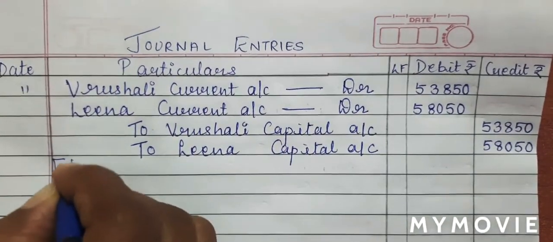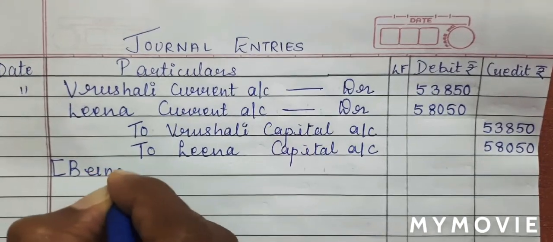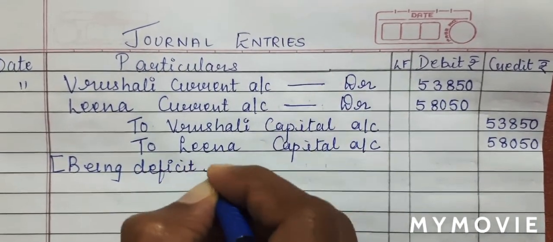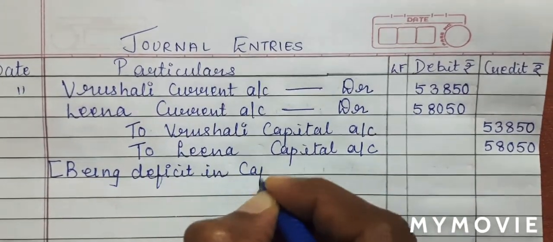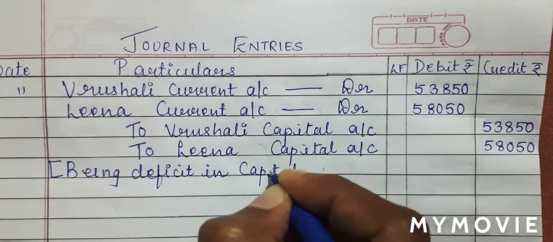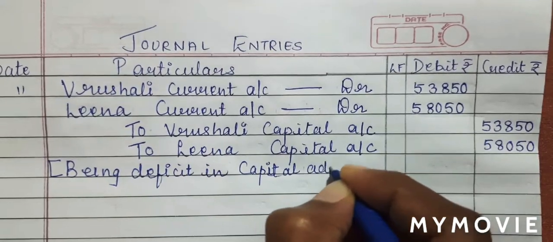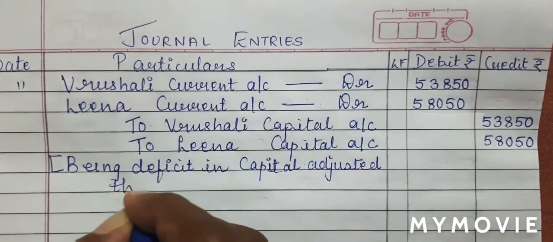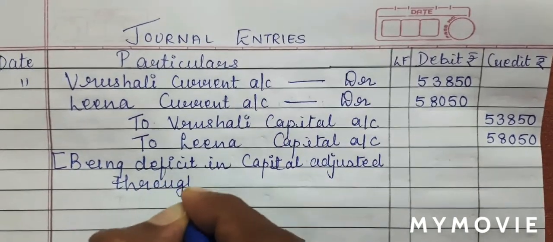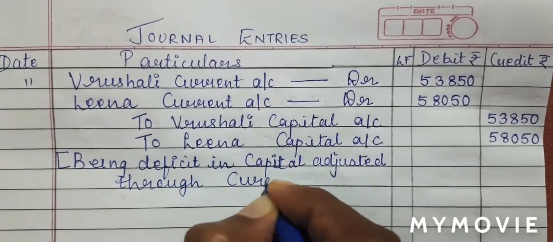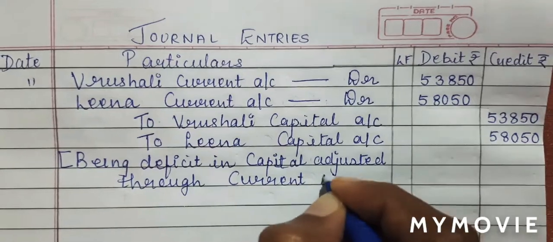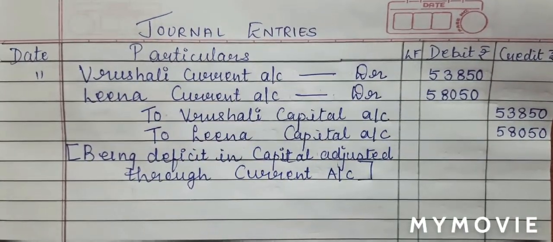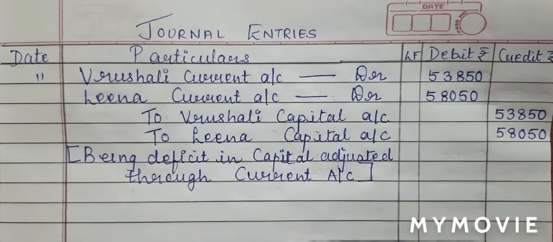We'll write the narration being deficit in capital adjusted through current account. With this students, we have completed all our journal entry.